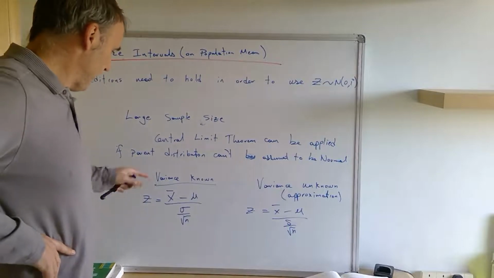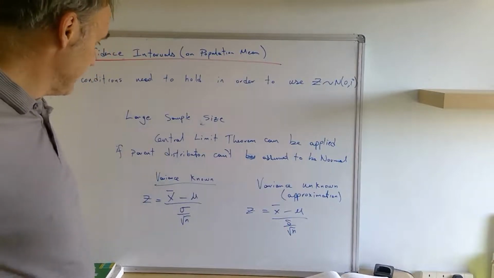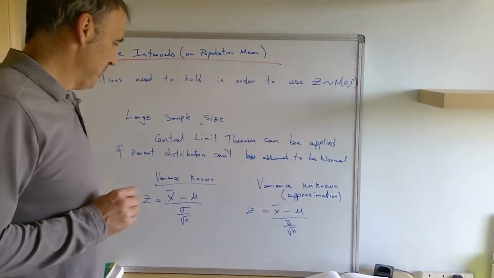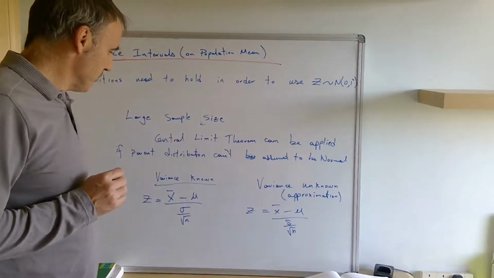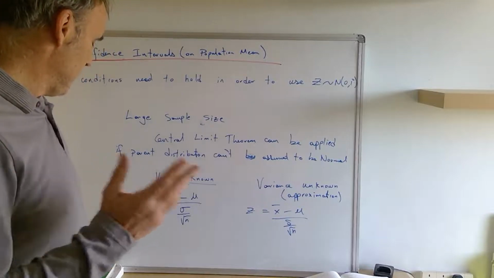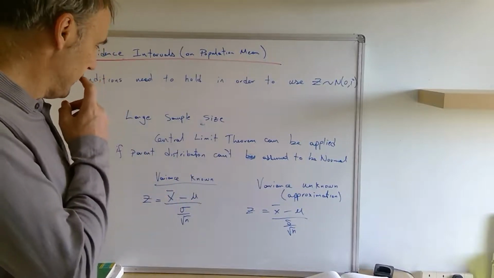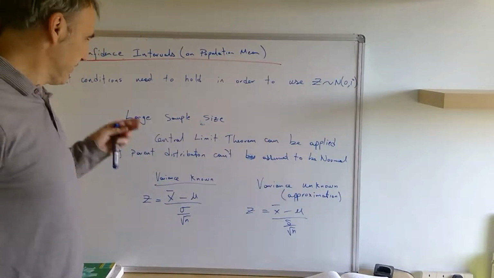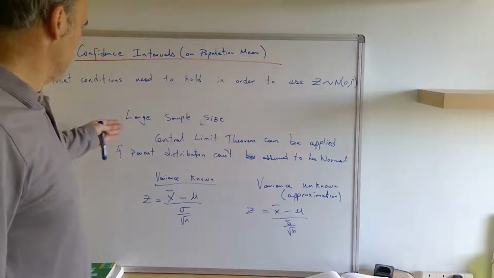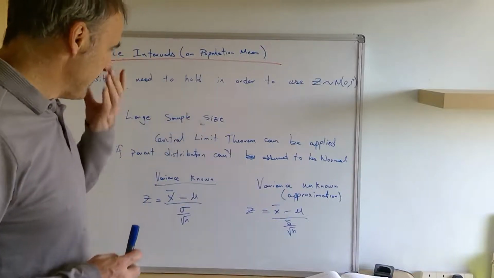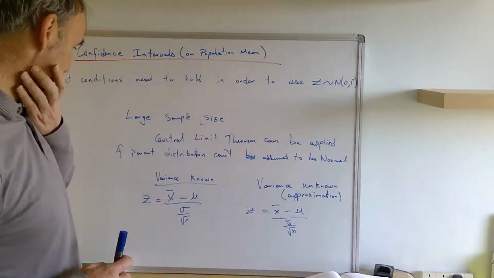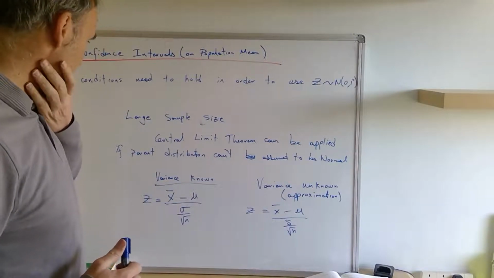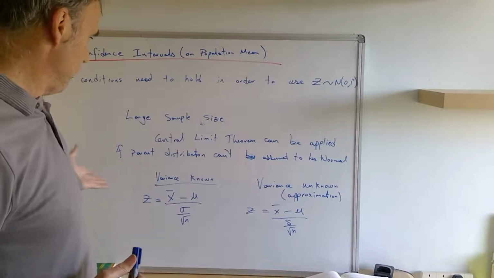Okay. But if the variance is known, which it will be in many questions you'll come across, in actual fact, it's a bit of a moot point, because in many situations in the real world, the variance won't be known. So if the sample size is large, then we're pretty okay.